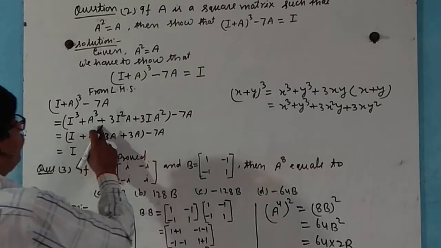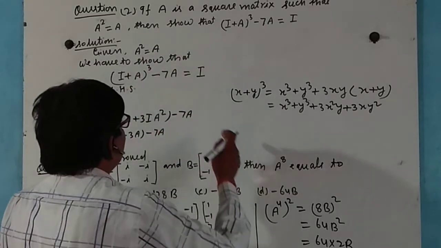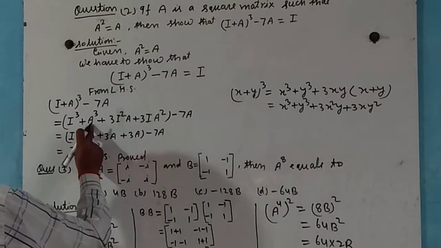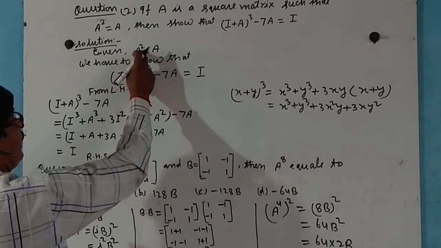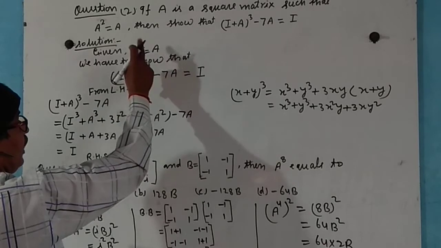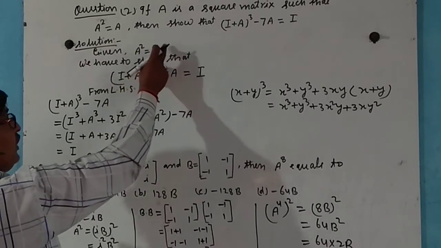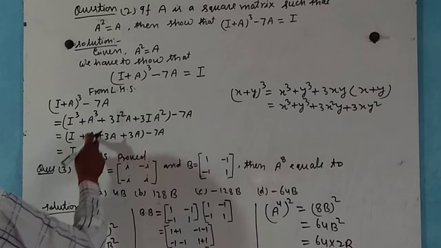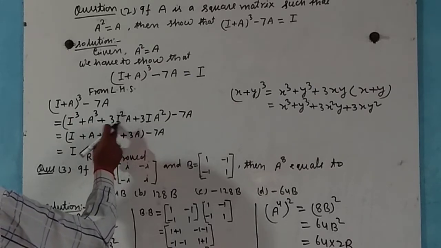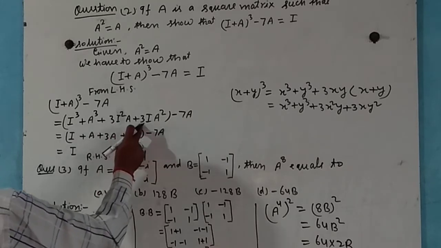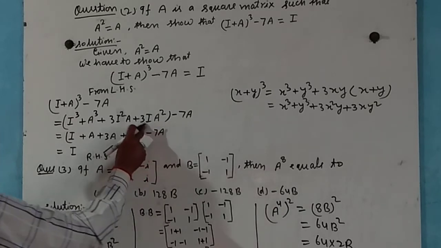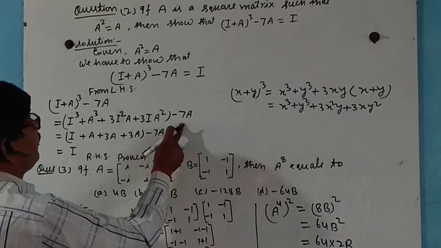Now as we know that A squared equals A, A cubed is A squared times A, and again A squared equals A, so this is equal to A. I is the identity matrix, so this becomes I plus A plus 3A plus 3A minus 7A.